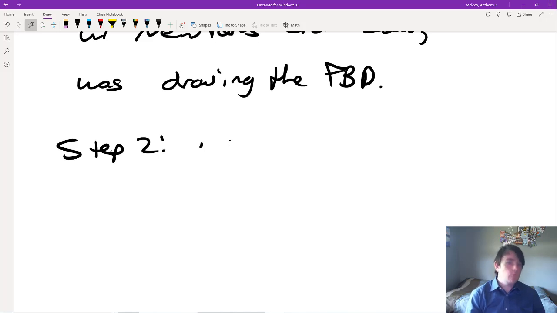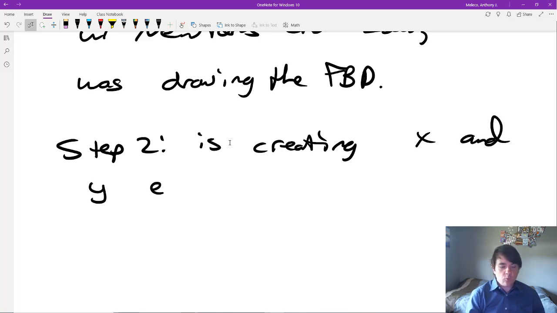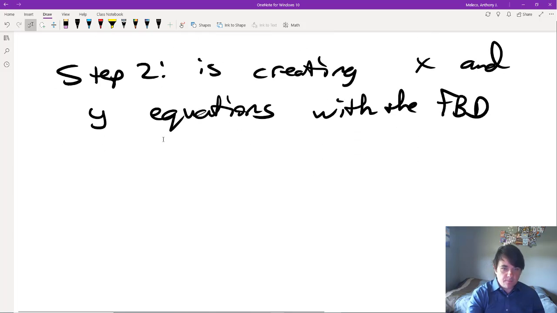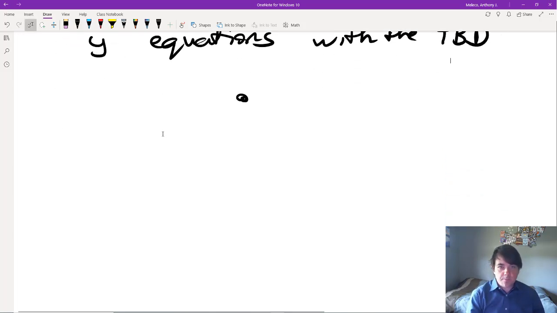Step two is creating X and Y equations with the FBD.